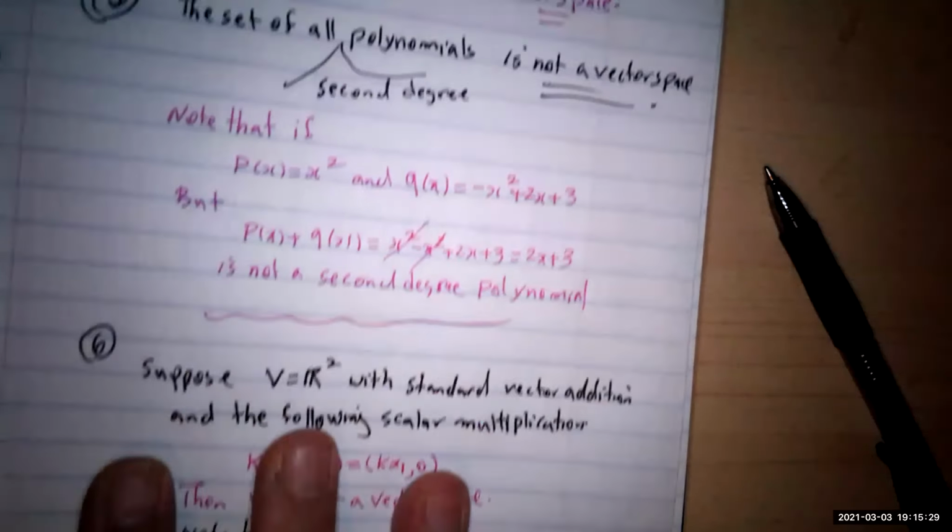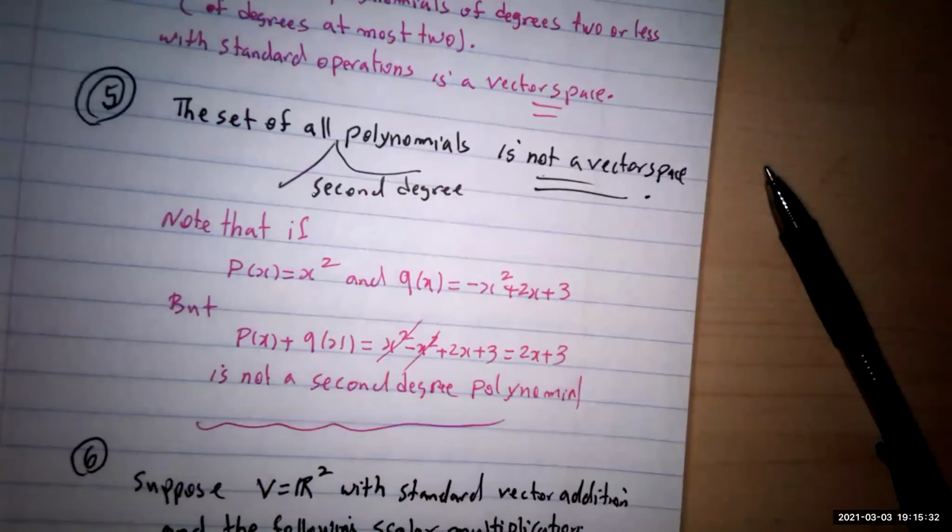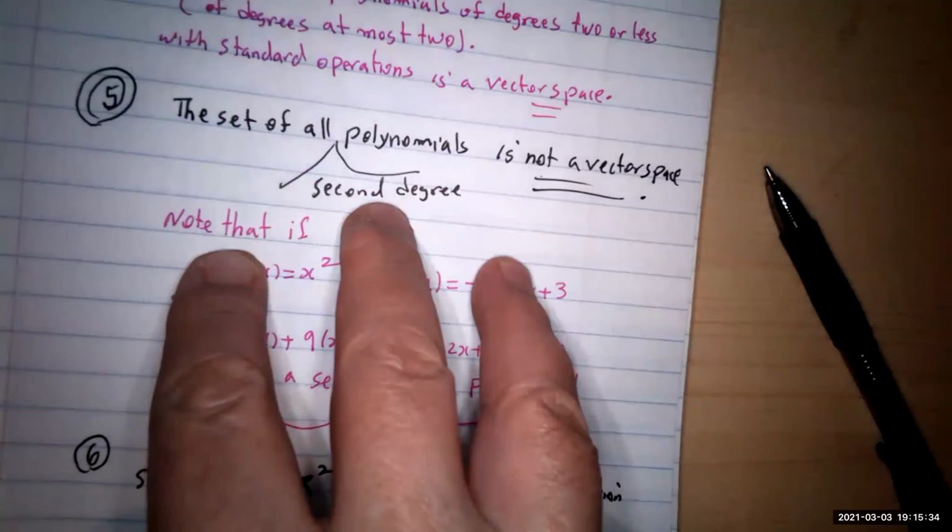In the original set, if you pick two vectors and add them together, you are going to drop into the vector space.